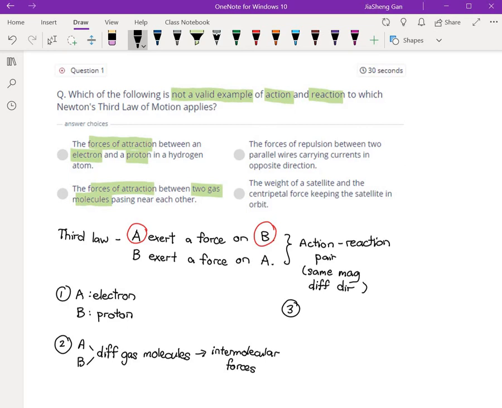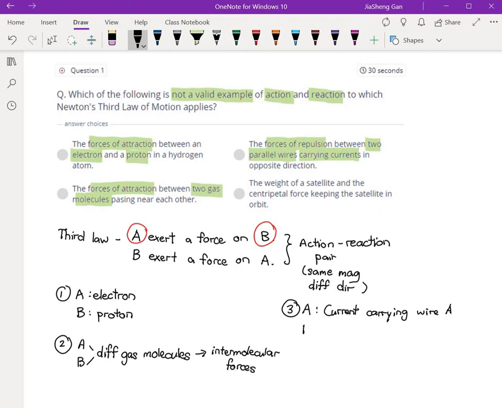Number 3, forces of repulsion between two parallel wires carrying currents. For this case, A will be current carrying wire A, the wire that is carrying current.